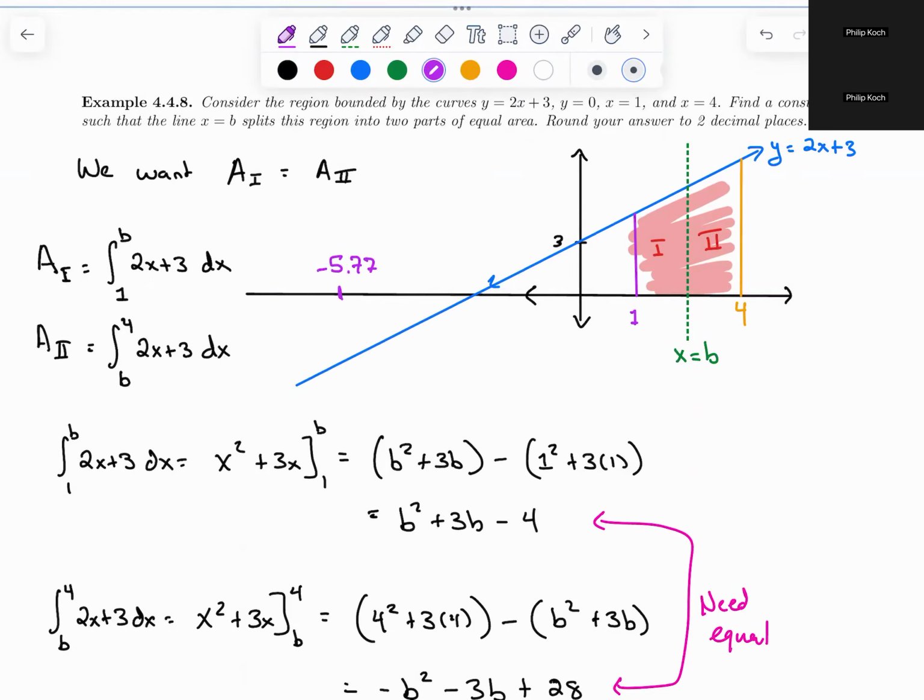You don't need to draw this, but basically, if this is my b value, then the area of region 2, let's use green for a second, is everything here. So it ends up adding some negative area. It might seem weird. How does the area work? That's the area of region 2 in that case, and region 1 would be this.